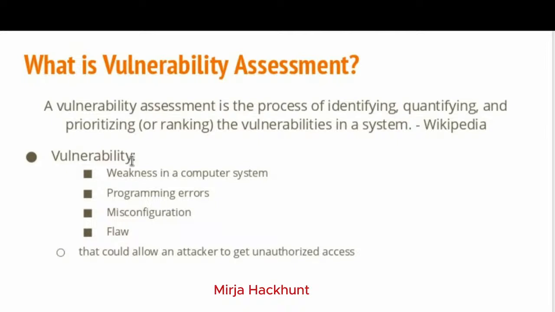So first of all, let's define this particular word, vulnerability. Vulnerability is a common English word, and when we talk about vulnerability in terms of computing or IT, it means a weakness in a computer system or any programming error, misconfiguration.